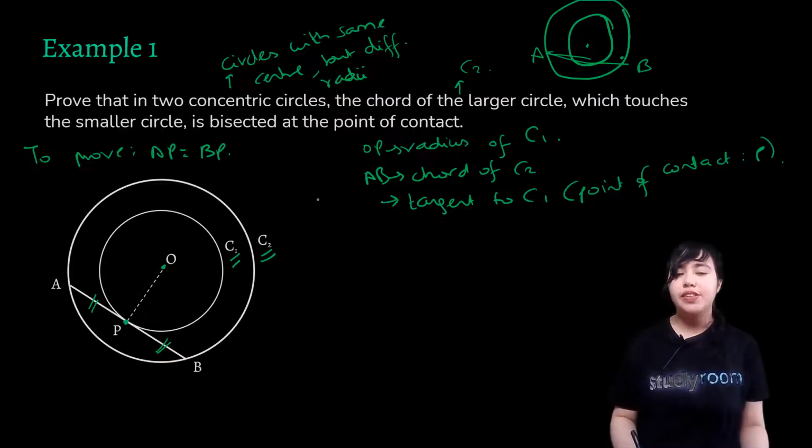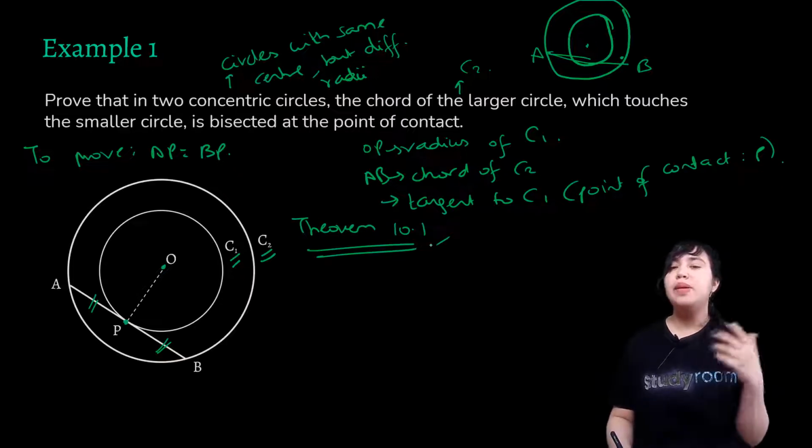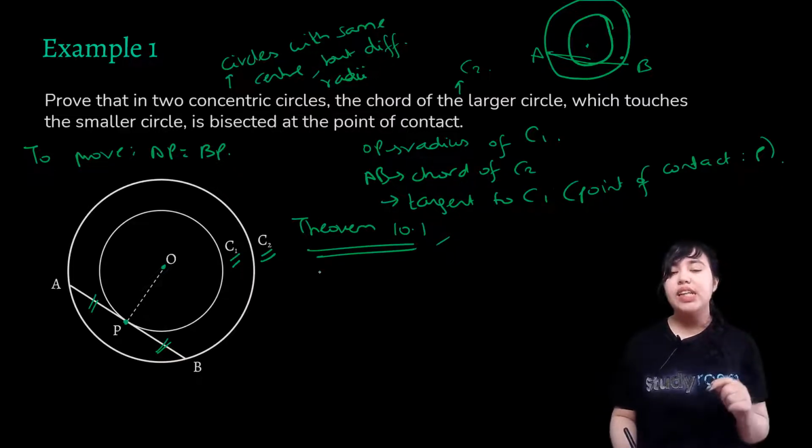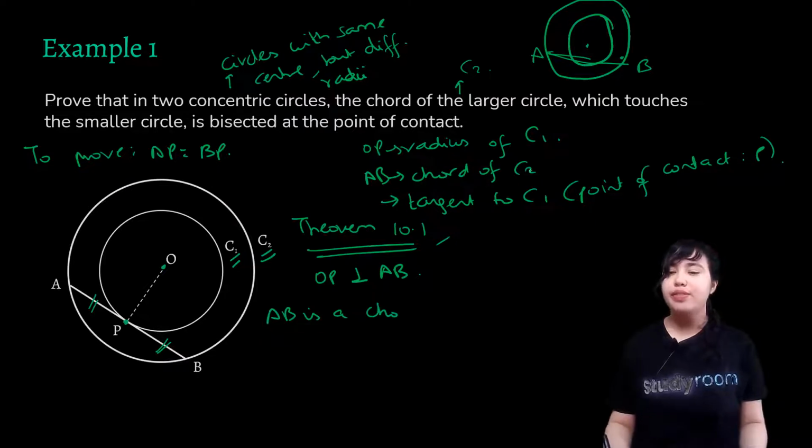Alright. So now by theorem 10.1, which said that radius and tangent are perpendicular to one another, we can say that this radius OP is perpendicular to tangent AB. So here we notice that AB is a chord of C2, which I have even mentioned here.